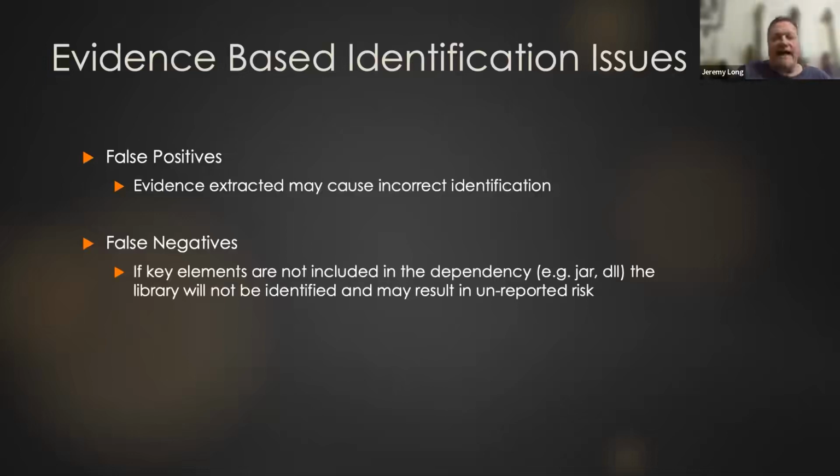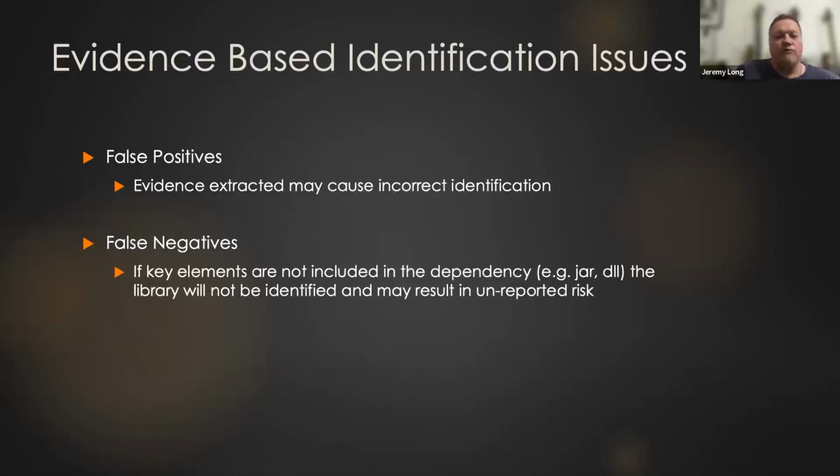So just to be clear, I have seen both false negatives and false positives occur in dependency check and in the commercial tools in the space. Library identification is not an easy task. Some of the tools I know have used hashes to identify things, and that fails if somebody compiled the dependency from source.